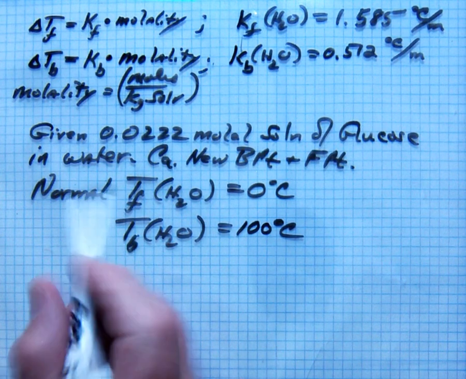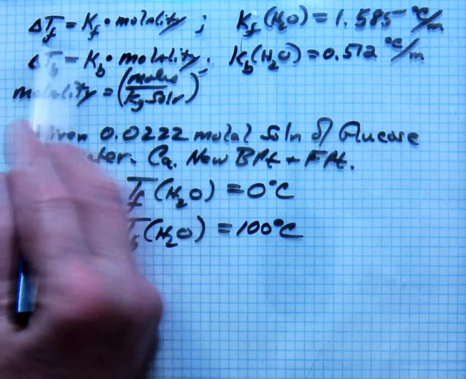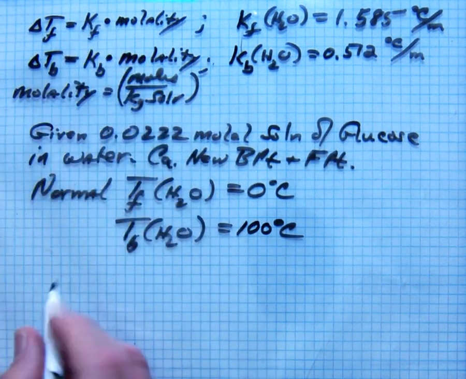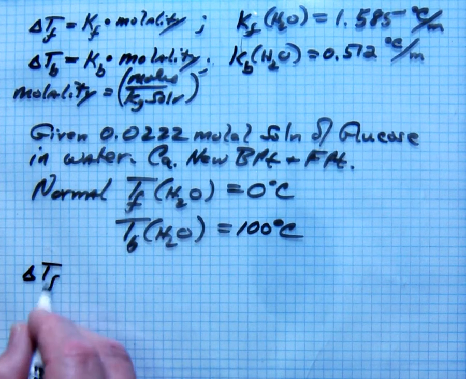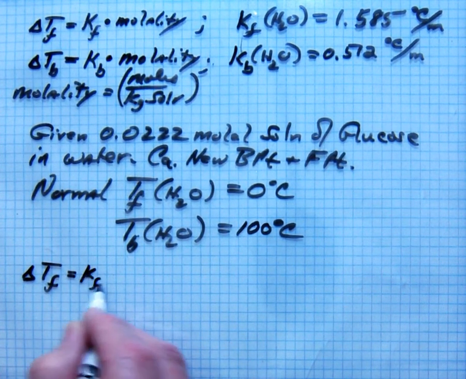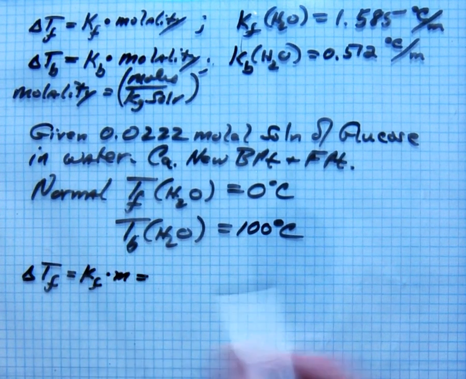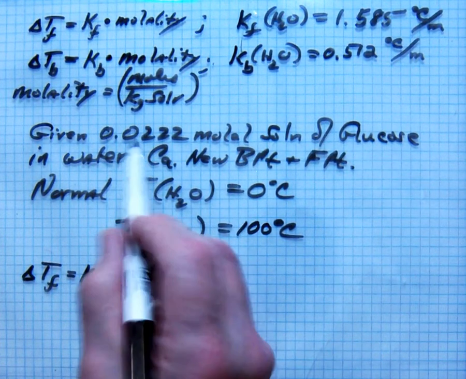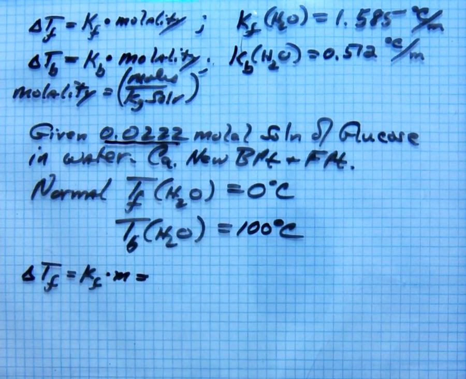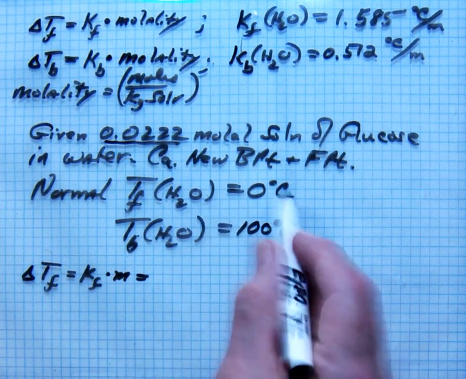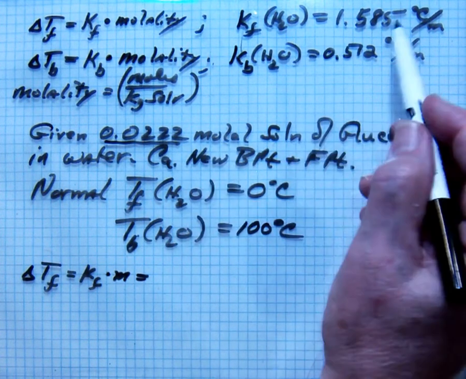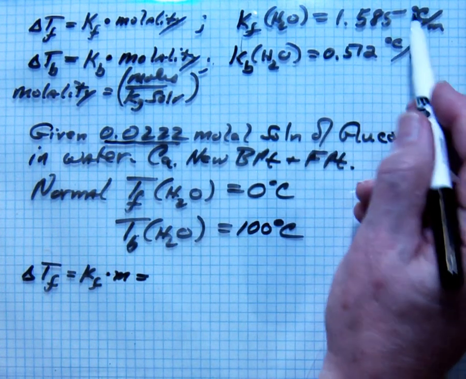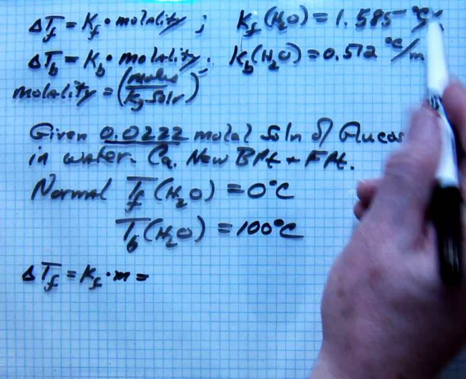But anyway, first one is to calculate the freezing point depression. So we'll go delta TF equals KF times the molality. Well, we're given the molality somewhere here, 0.0222, and here's the freezing point depression constant: 1.585 degrees C per mole.